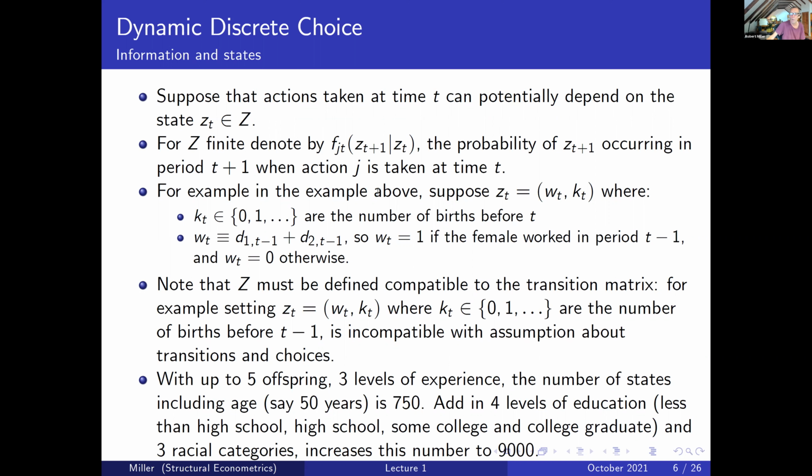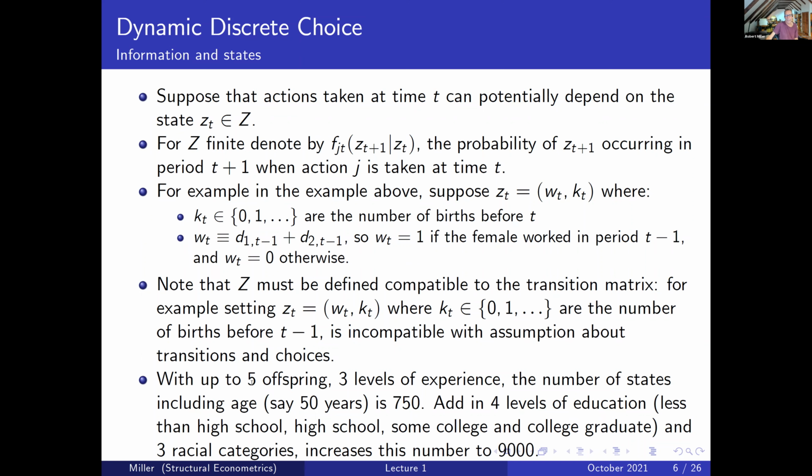So for example, if we want to keep track of how old kids are or something like that, we have to worry about how they age, because when do they become old? And so they count differently, stuff like that. And then you have to expand the state in that way. So we'll get to examples of this later.